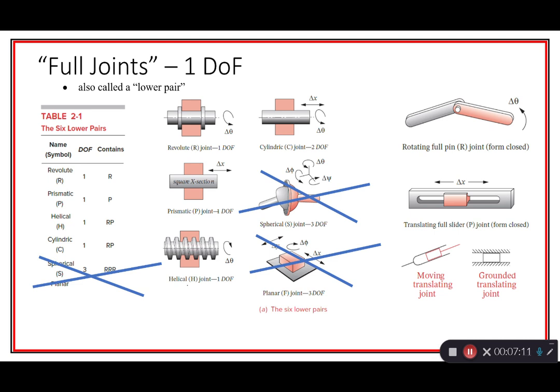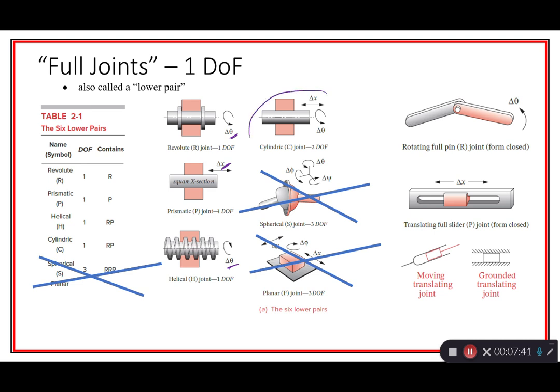But you can see how these, as a practical matter, can strain, and we'll have multiple degrees of freedom right here. So this one can only rotate, delta theta, therefore it has 1 degree of freedom. This can only translate, delta x, so it has 1 degree of freedom. This can only rotate; it will translate, but its translation is dependent on its rotation, so it still only has 1 degree of freedom.